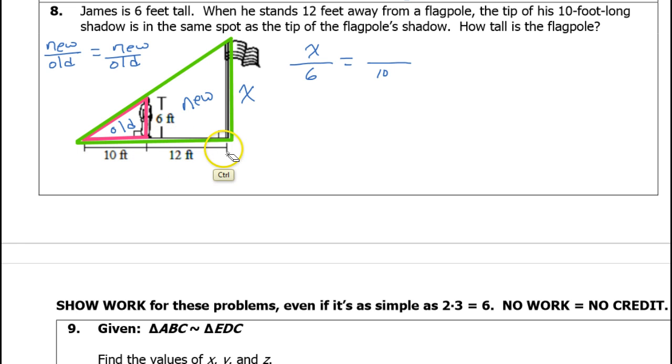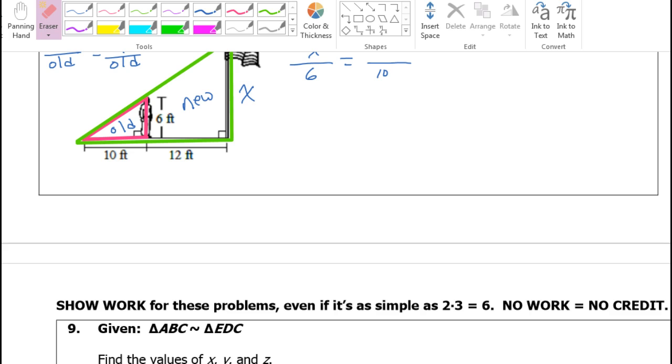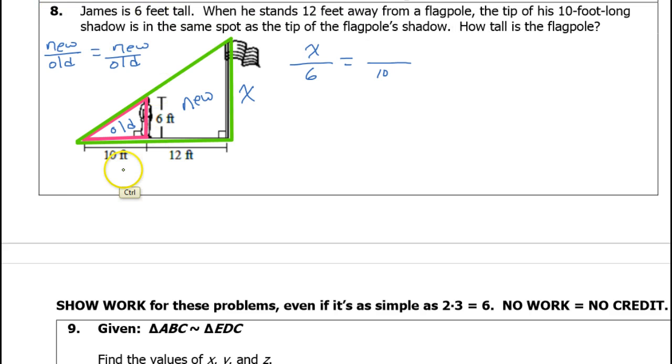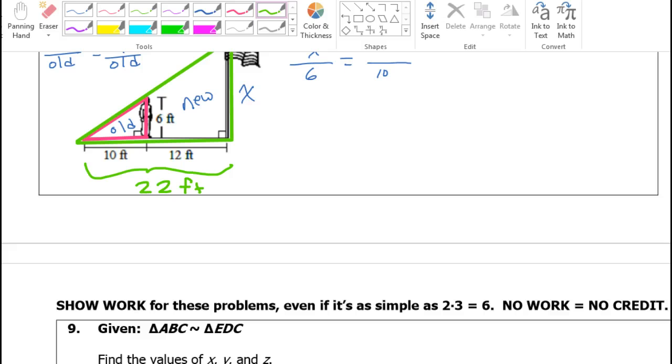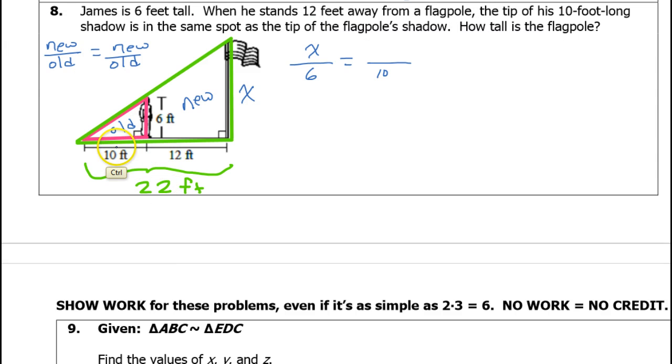It goes from here to here. If I want the bottom side of the new triangle, I need to use both of these. So that's going to be 22. So when you do new over old, you must do 22 over 10, not 12 over 10.